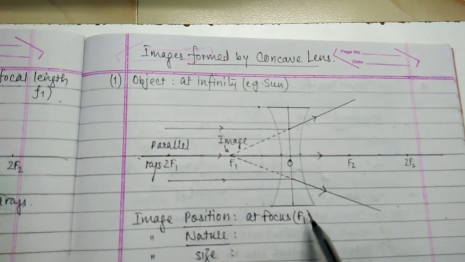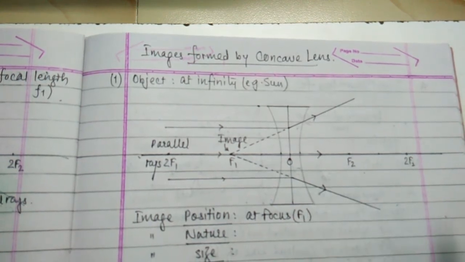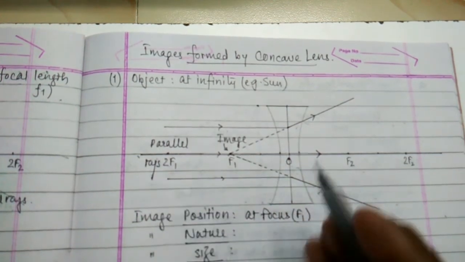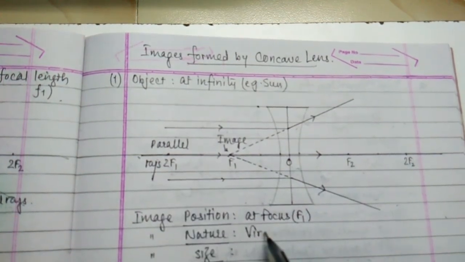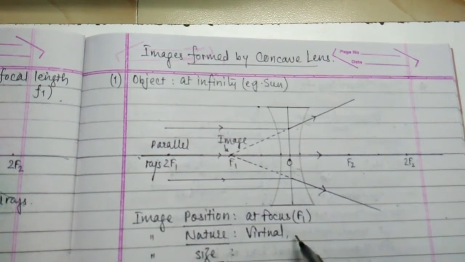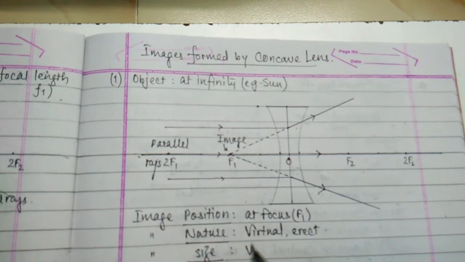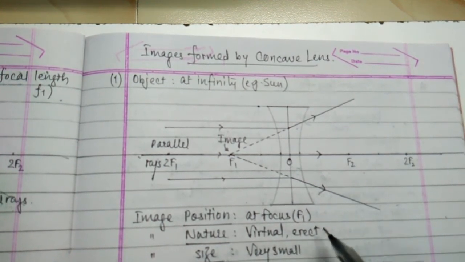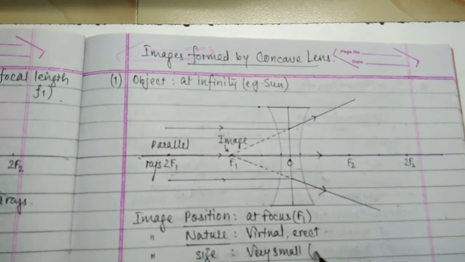So F1 means it is formed at the left side, F2 means it is formed at the right side. Nature: on the same side of the object, so it is virtual. And a virtual image is always erect. And size very small, or highly diminished. It is point like.